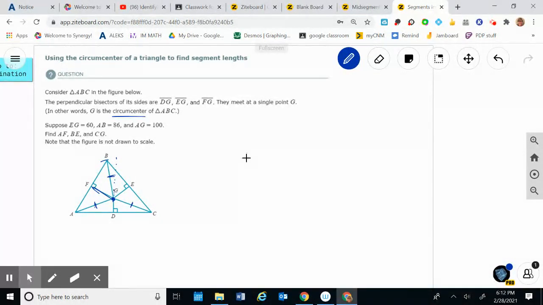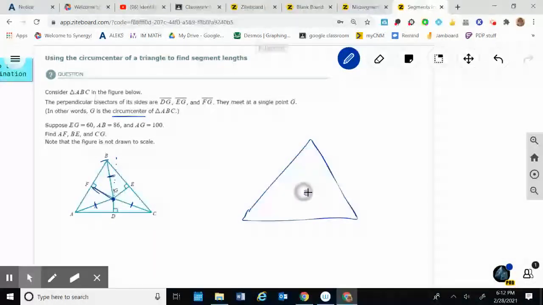So you need something to write on. I suggest that you copy this triangle on a piece of paper. You draw the thing in the center. It doesn't have to be perfect. Mine is definitely not perfect. I'm marking it. Try to draw a perpendicular as best as you can.